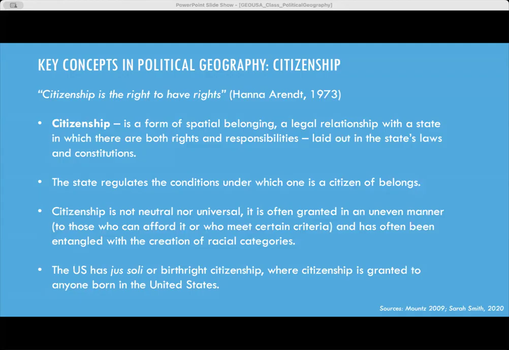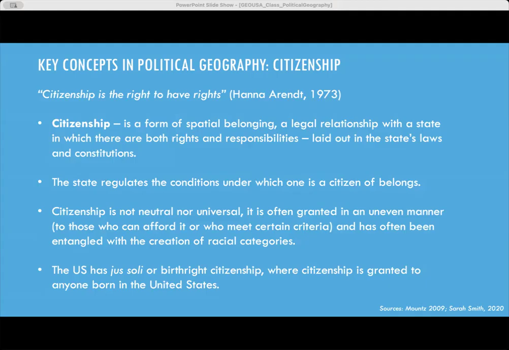It's a legal relationship that we have with a state, in which we have both rights and responsibilities, which are laid out in the laws and constitutions of the state. We as New Yorkers have certain rights as residents of New York State, but we also have rights as citizens of the United States as a totality. So we have rights derived from both the federal government and from the state, and we have responsibilities to both.